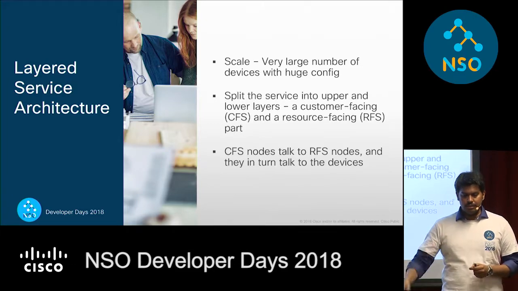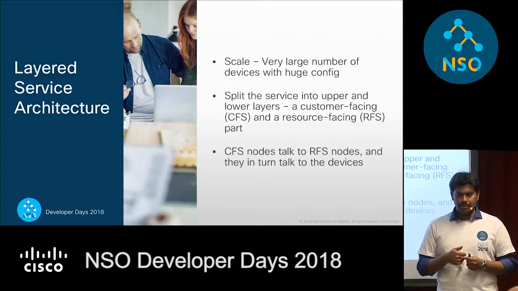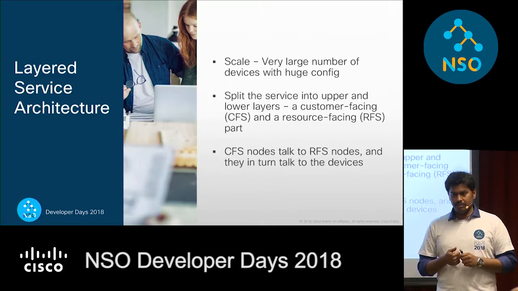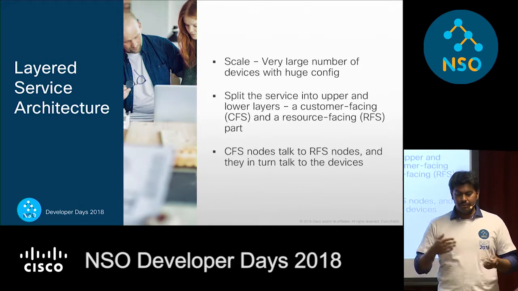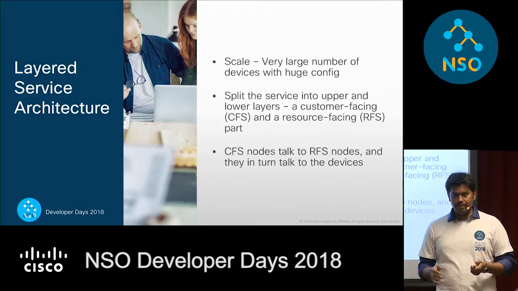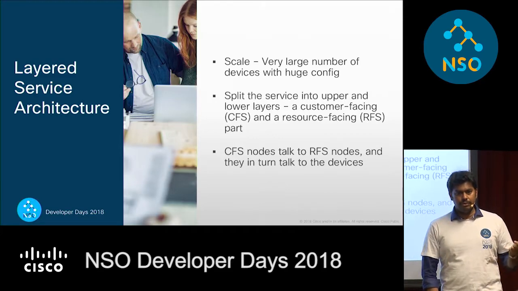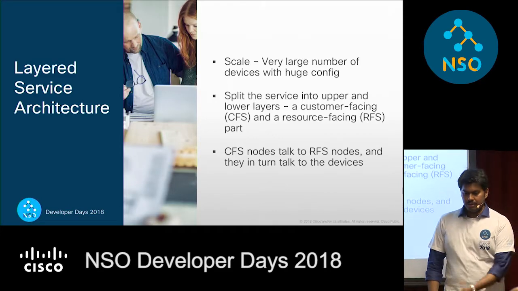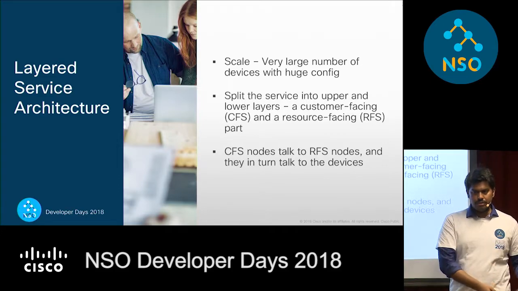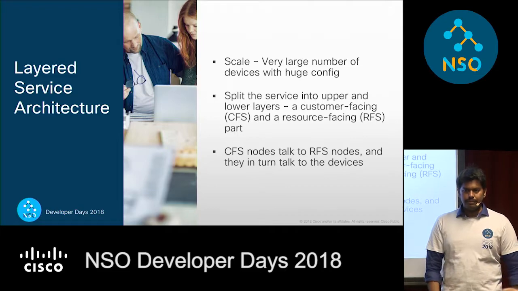So then this whole config sharing is not a problem, because of course you lose something here because you don't have the whole network-wide picture from the top node alone. So if you want to examine exactly what's going on in each of the devices, you have to go to that particular NSO node which is talking to that device. Yeah.